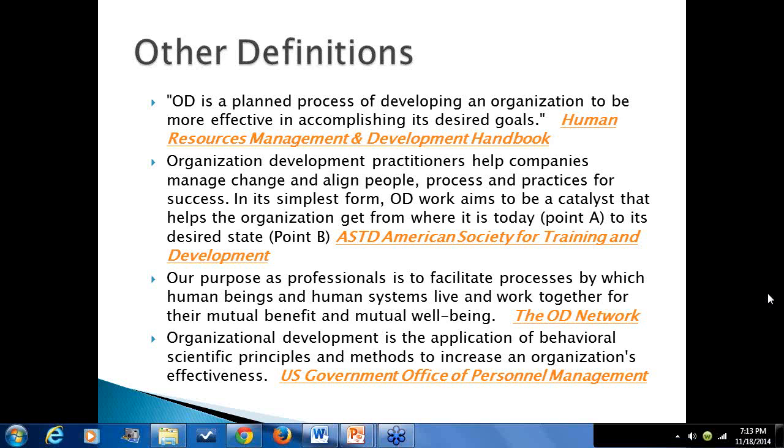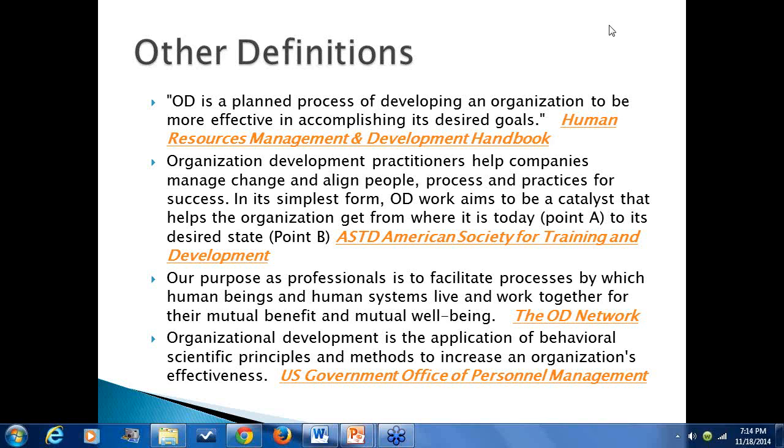So let's talk a little bit about some of these definitions. From the Human Resource Management and Development Handbook: OD is a planned process of developing an organization to be more effective in accomplishing its desired goals.